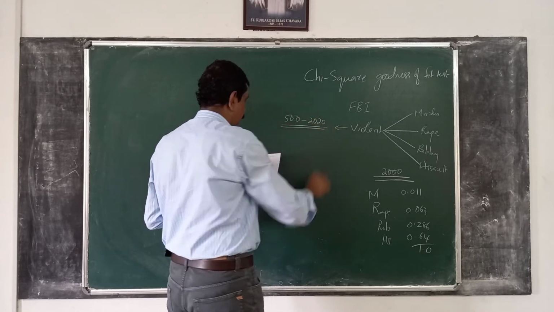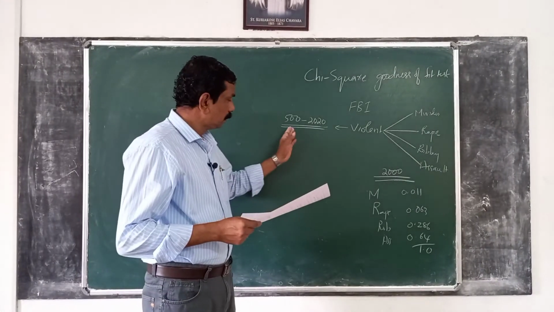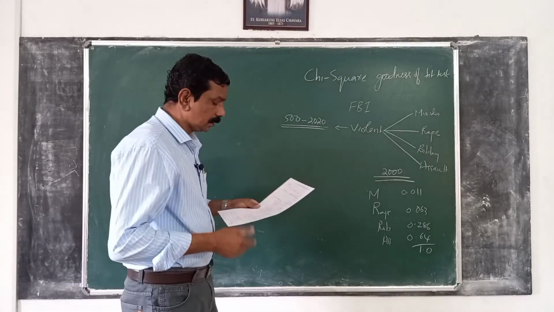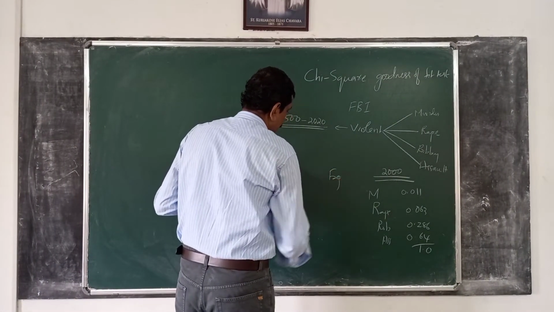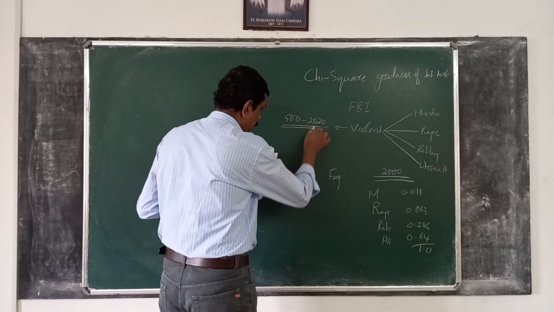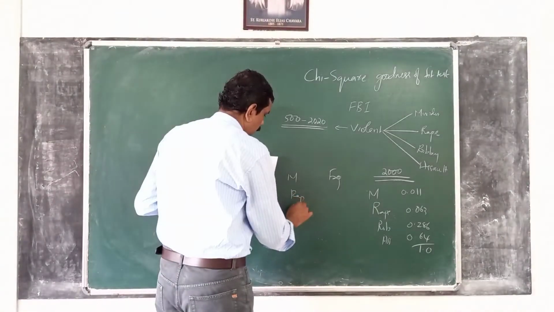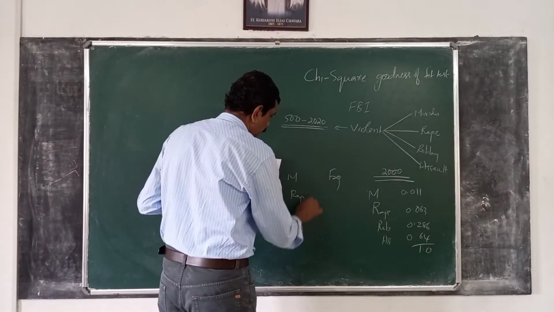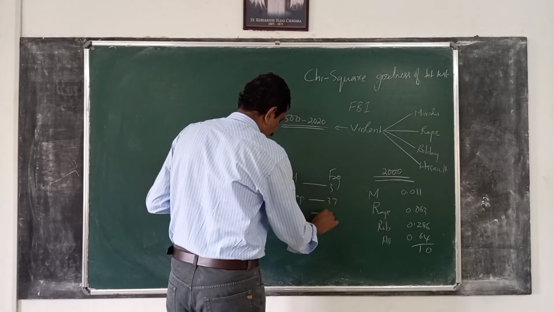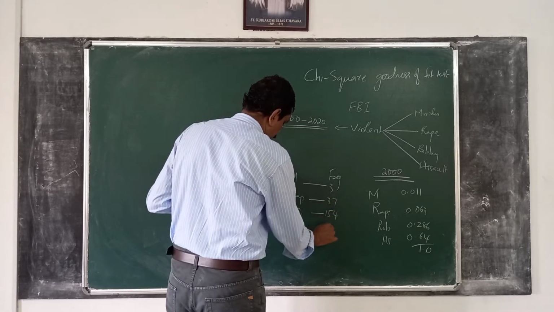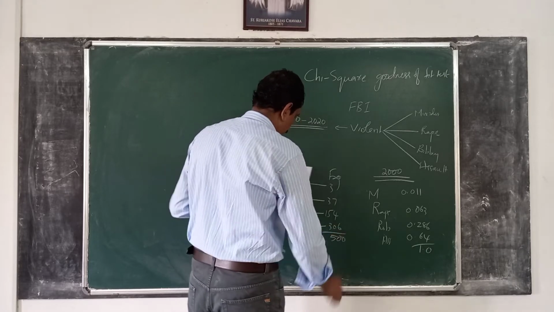A random sample of 500 violent crimes reported in 2020, and the frequencies: murder 3, rape 37, robbery 154, assault 306, a total of 500.